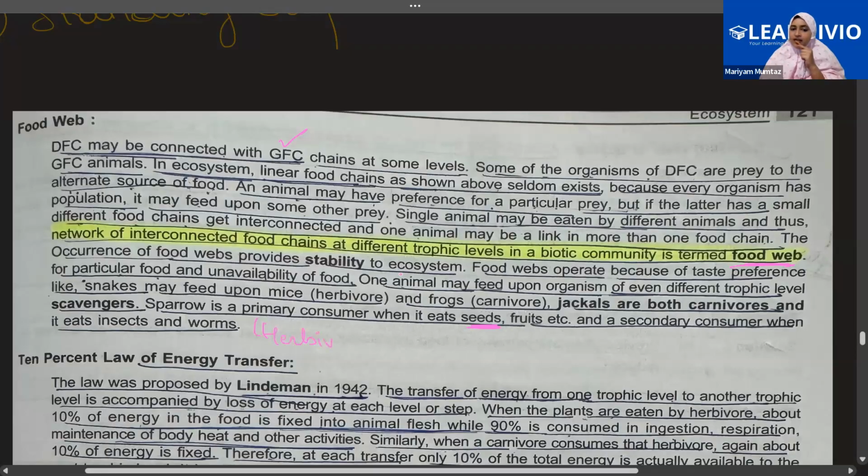But when it feeds on insects, right, then it becomes a secondary consumer. That means at that time it can be a carnivore. Imagine. Since this complexity is there, that is why the food chain is not practical. Food chains are not practical and they do not exist. So the more practical approach to understand things is the food web.